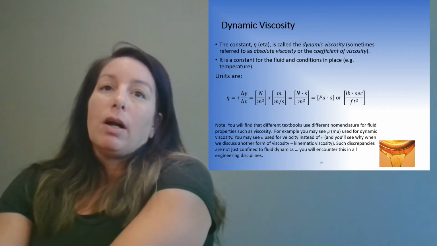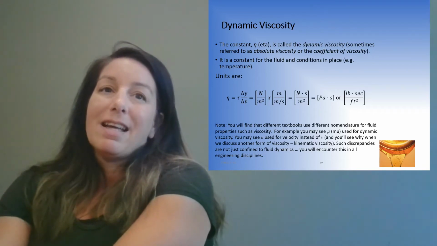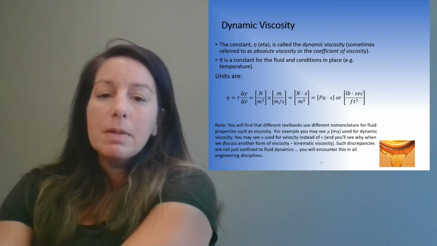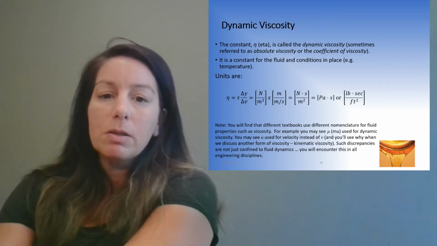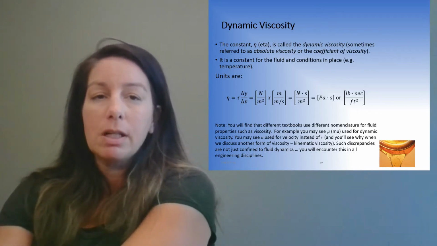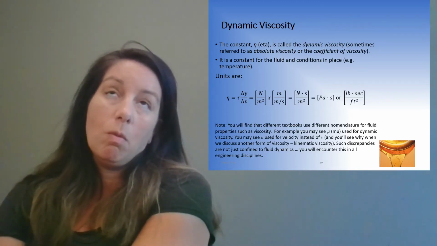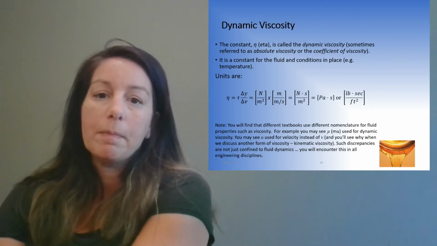Eta, oh, that's how they call it. So the constant eta is called the dynamic viscosity. It's sometimes referred to as the absolute viscosity or the coefficient of viscosity, depending on what book you're learning from, okay?